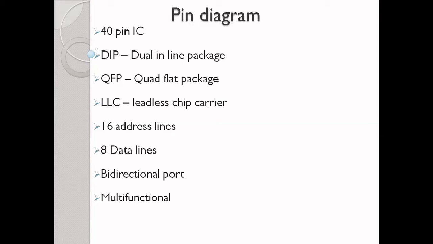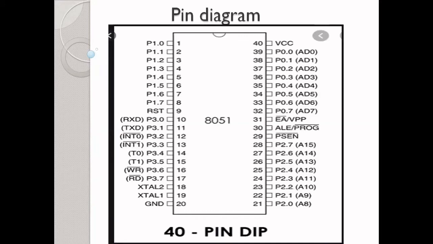Next, what is called multifunction? Take one pin, number 20. It will do 3 functions. If the pin is doing only one function, that is called single function. But some pins will do many functions. Let us see an example. See here, pin number 30.